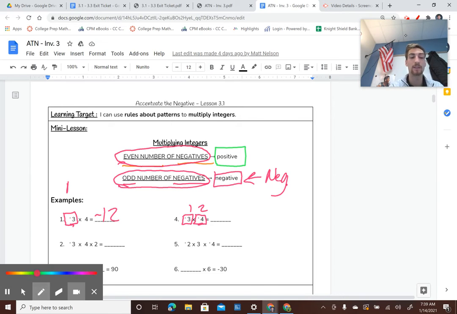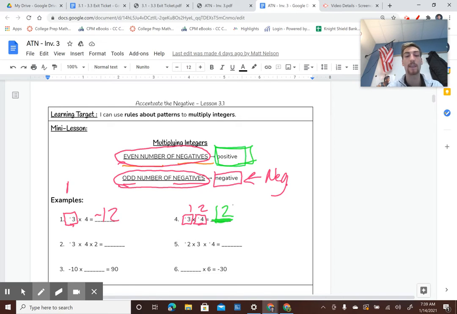Therefore, my answer is going to be positive. So I'm going to go ahead and draw a green line underneath my answer because I know it has to be positive. And now from here, I'm going to do 3 times 4 to get 12. And we keep it positive because we have 2 negative factors, an even number of negative factors.